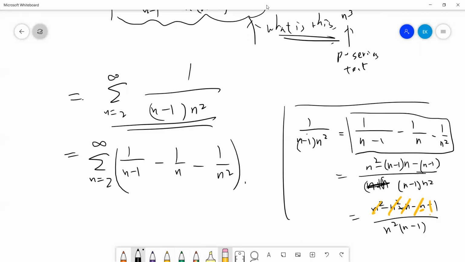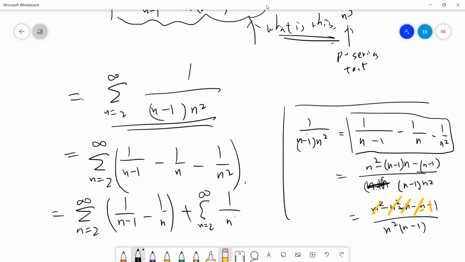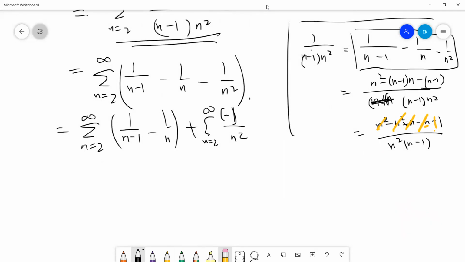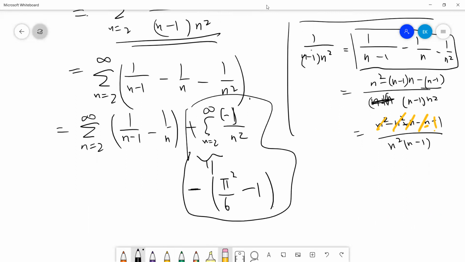We can separate it into two parts: the sum from n equals 2 to infinity of 1 over (n minus 1) minus 1 over n, minus the sum from n equals 2 to infinity of 1 over n squared. The second part uses a famous result everybody knows: the sum of 1 over n squared is pi squared divided by 6, but you need to subtract the first term, so you get pi squared over 6 minus 1, with the minus sign in front.